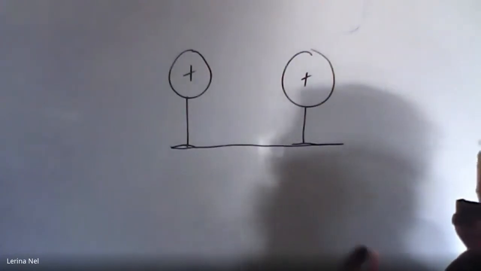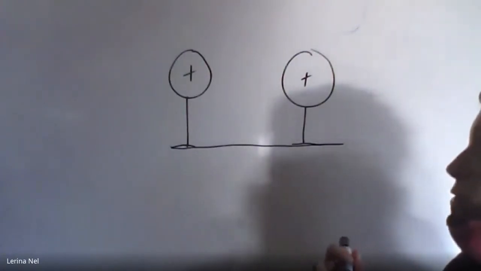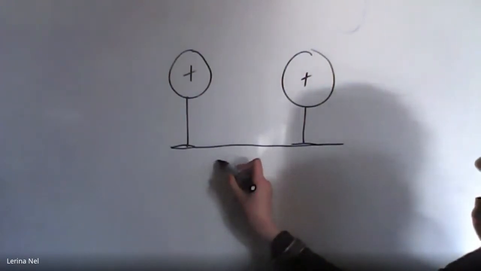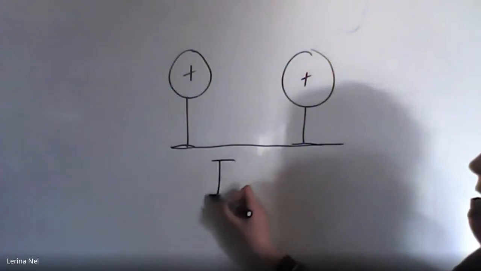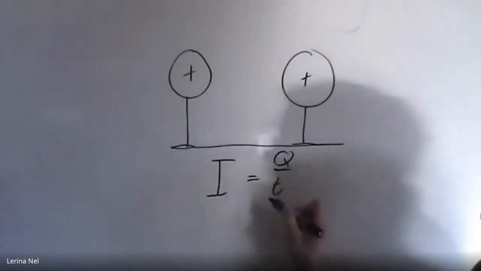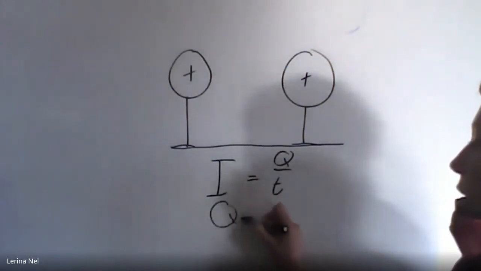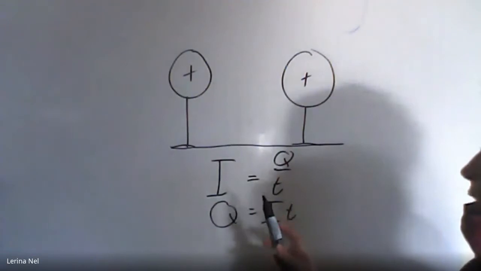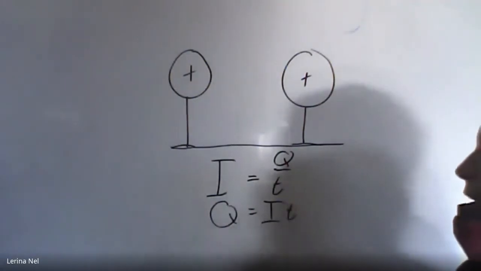That is known as Coulomb's law. So Coulomb's law, remember, charge, this is actually from grade 9. I equals Q over t. We can rewrite this formula as Q equals I times t, which means charge is the current multiplied by the time.